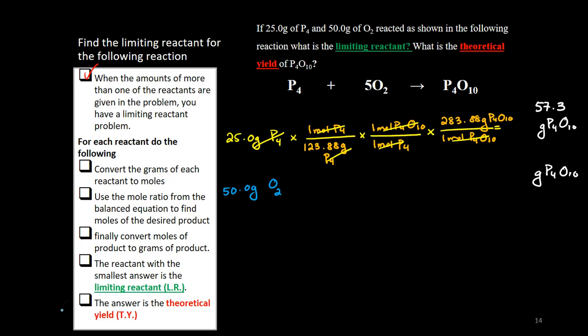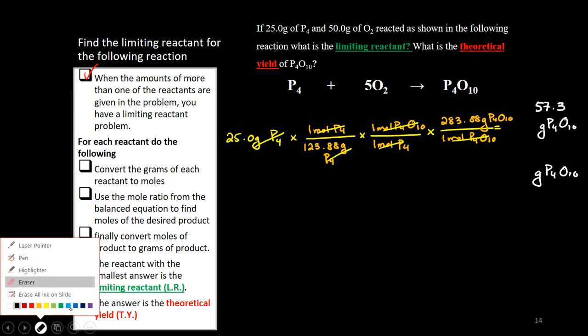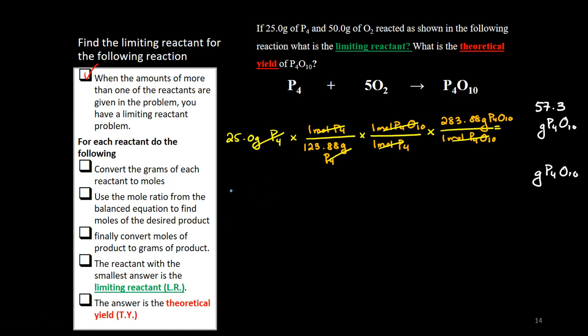I have to figure out how many grams of the product can be made from 50 grams of oxygen now. So 50 grams of O2. I'm trying to go from mass of O2 to mass of P4O10.